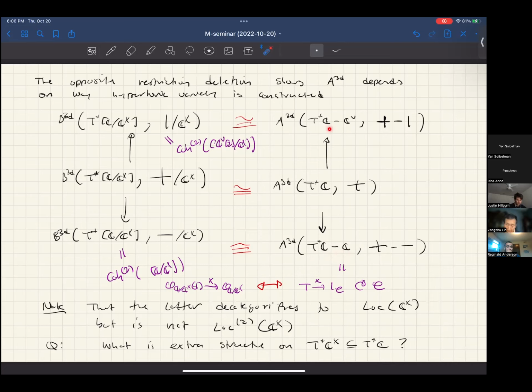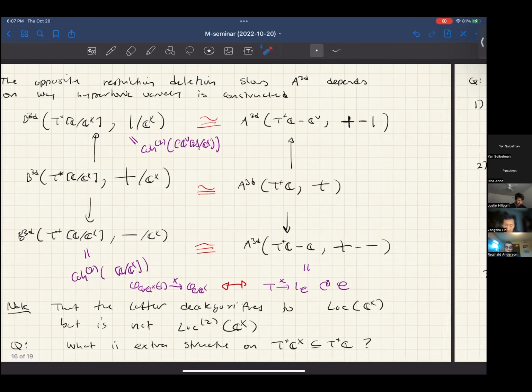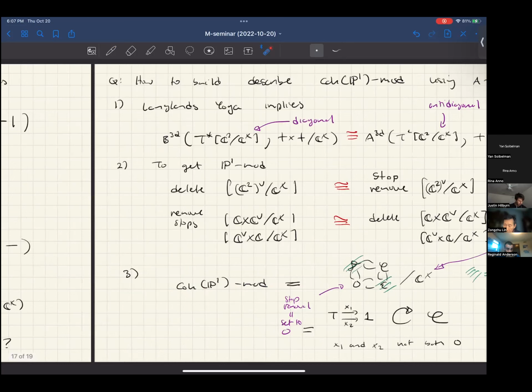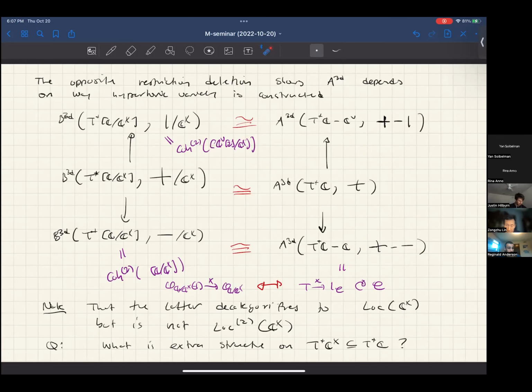You might imagine that this thing is just T star C star, but somehow there's some additional structure on this 2 category which makes it different from loc 2 of C star, but they both decategorify to the same thing. So there's some extra weird structure coming from the fact that this copy of T star C star is living inside of T star C. That's visible at this 2 categorical level, but not visible when you decategorify your sheaves. So there's something really funky going on here. Okay, so that's a mystery.